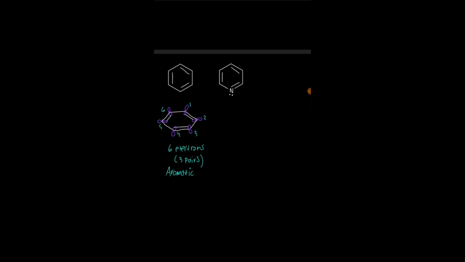Let's draw this one out. All right. The question we have to answer: does that structure right here have continuously overlapping p orbitals?